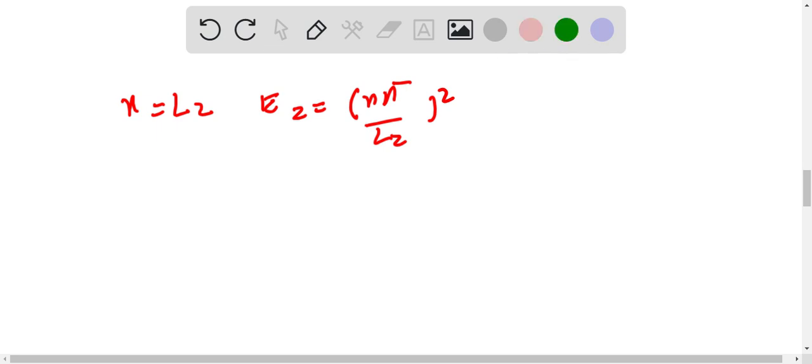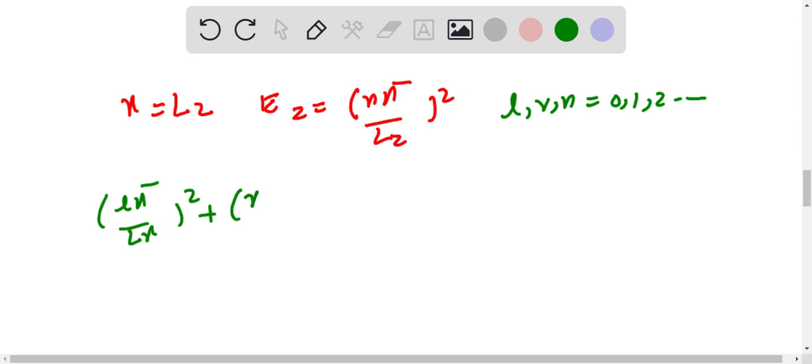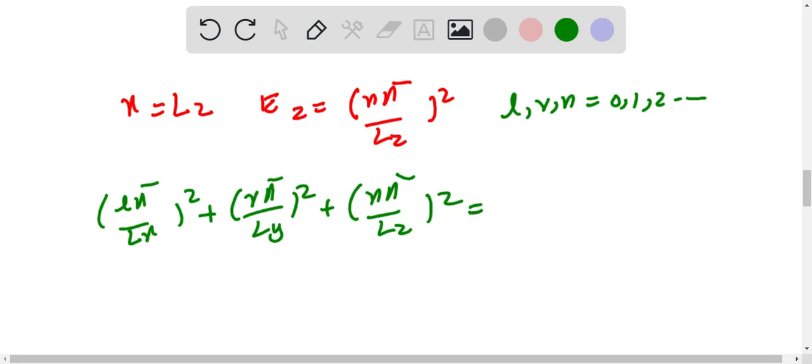And where l, r, n is equal to 0, 1, 2, and so on, so we have l pi over Lx whole square plus r pi over Ly whole square plus n pi over Lz whole square. This is equal to 8 pi square times m over h square times E.